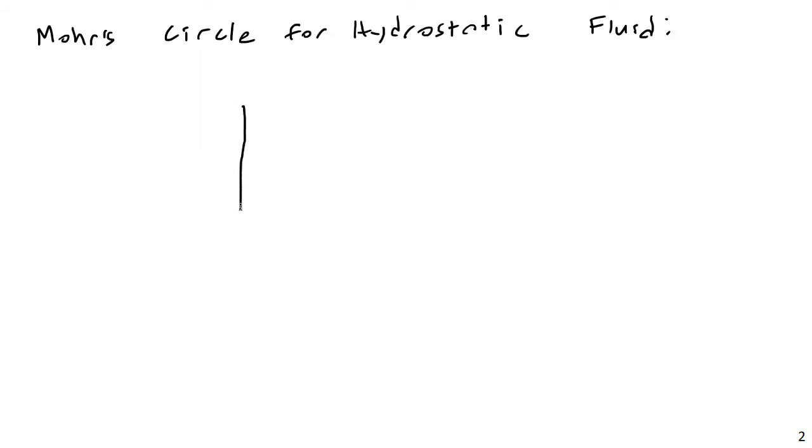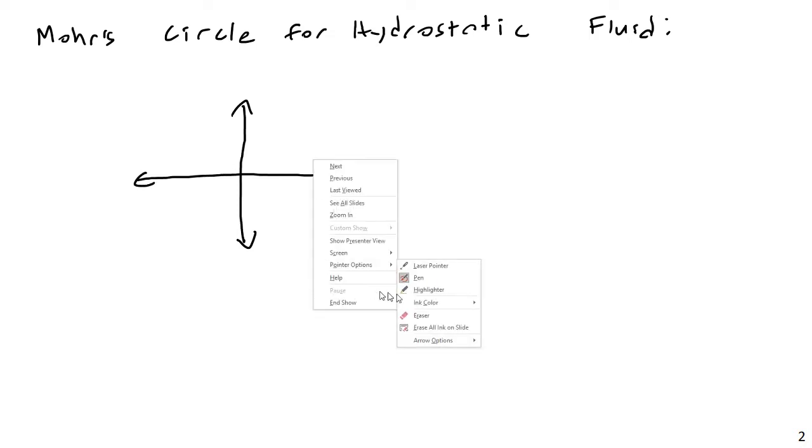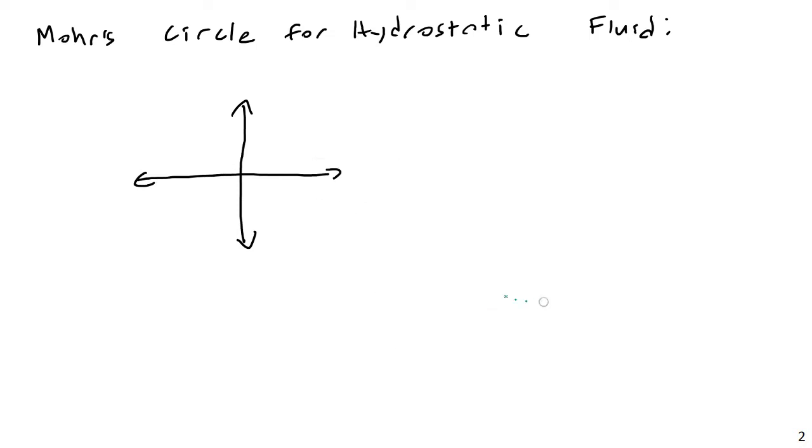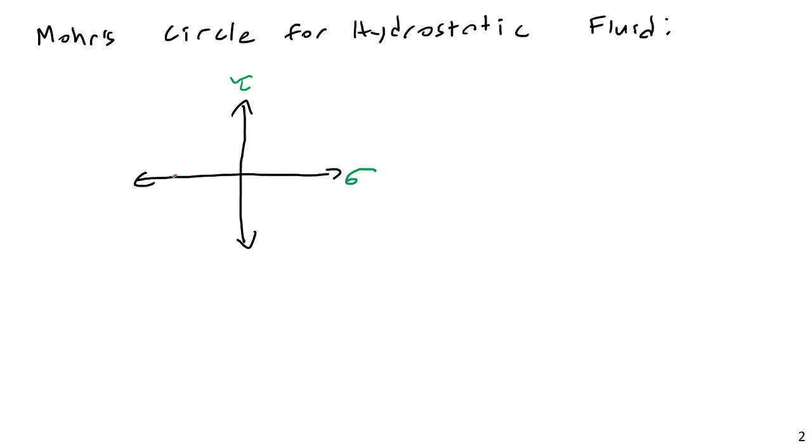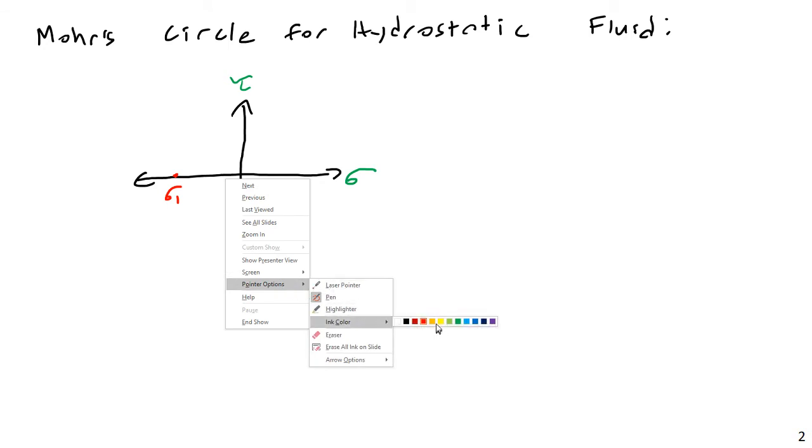So if I draw my Mohr's circle with a normal stress and shear stress axis, sigma and tau, I'm going to simply have a dot here, sigma 1, with it being negative stress because it's compression from the weight of the fluid.